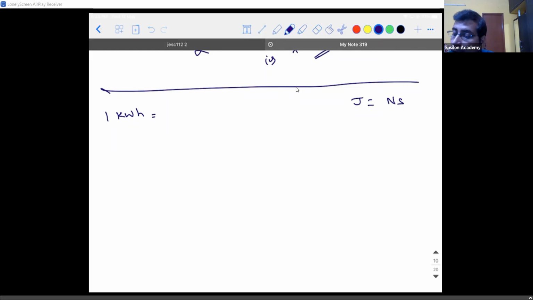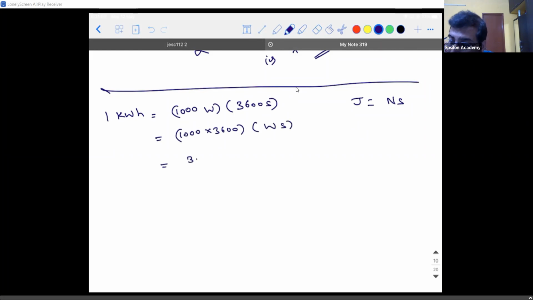So 1 kilowatt hour is how much? Kilowatt means 1000 watt, into 1 hour, which is 3600 seconds. So 1000 into 3600, watt multiplied with second, is 3.6 into 10 power 6.